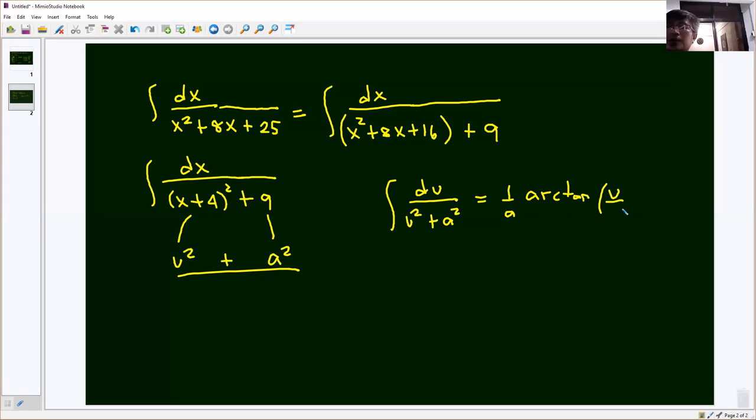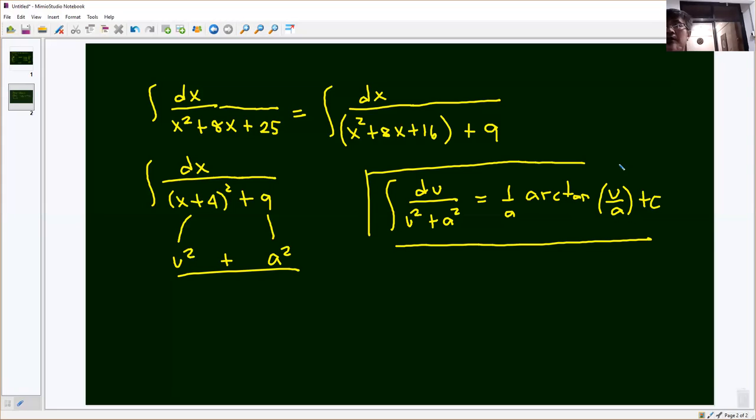Na-derive na natin to before na hindi gamit ang trig substitution. But obviously, hassle na nga naman na makabisaduhin to, no? Maganda kung meron ka ng table of integrals, you'll see na pasok na to. U is x plus 4, a is obviously 3, square root of 9. All you need to do is arrange this.